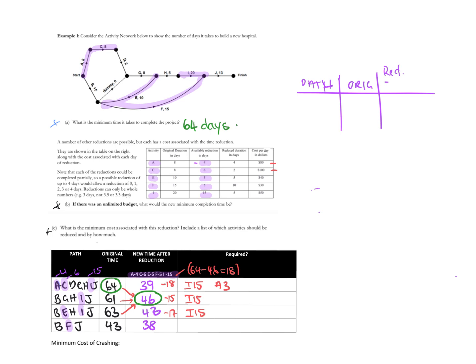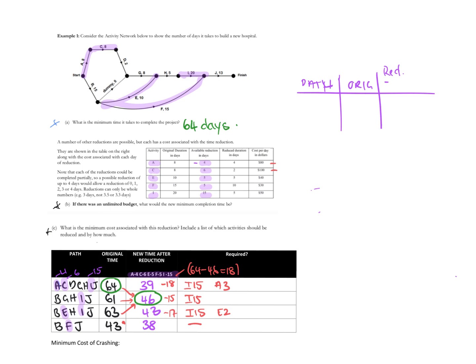We've got 15 of them, and that means I have to use 2 of E to get it to 17. E can be crashed by 5, but I only need 2 of them. And then the last one, 43, is already under 46, so nothing needs to be done for that. It's all good.